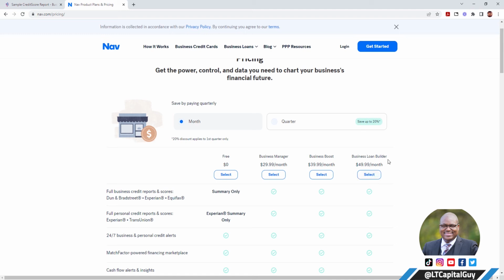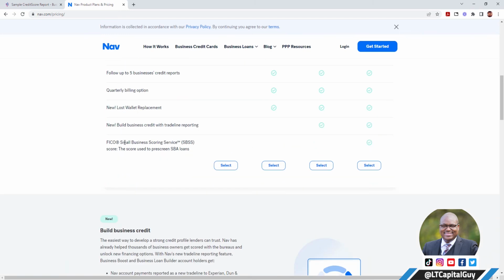If you get the Business Loan Builder, the additional thing you get is the FICO Small Business Scoring Service, or SBSS. This is a really good score that's used to pre-screen SBA loans, or Small Business Administration loans. Banks, when they do business with various individuals or companies, keep their own information. If a bank wants to get information from other banks on the activity of a particular client, they have to participate in this SBSS, which means they pay by giving information.